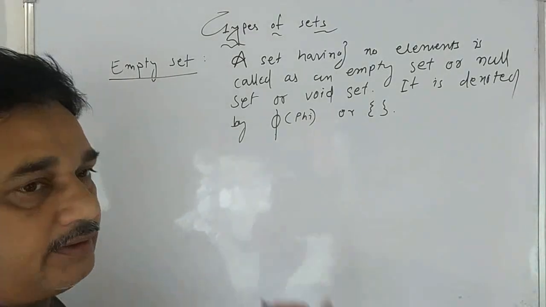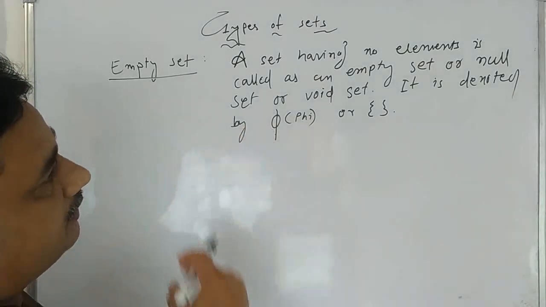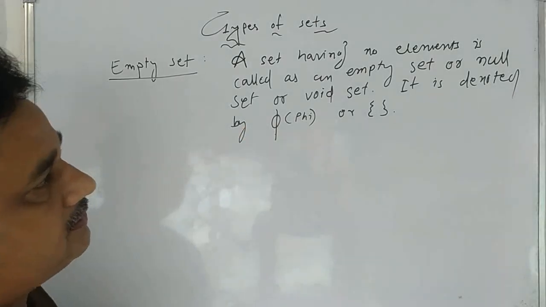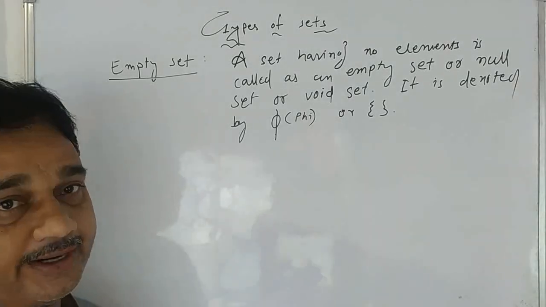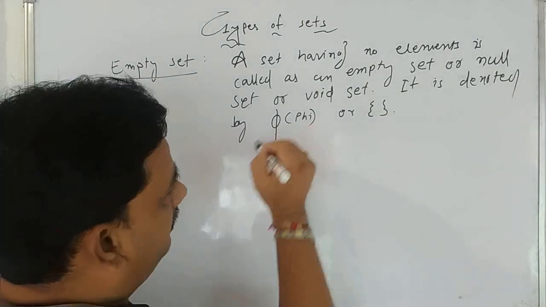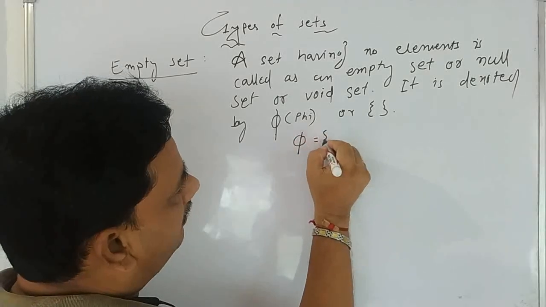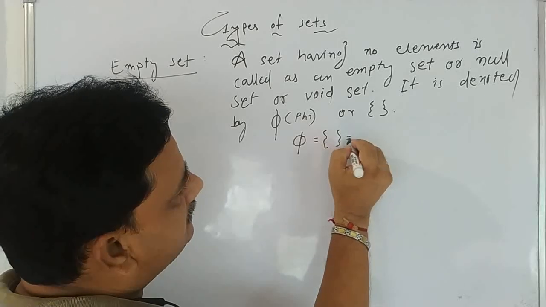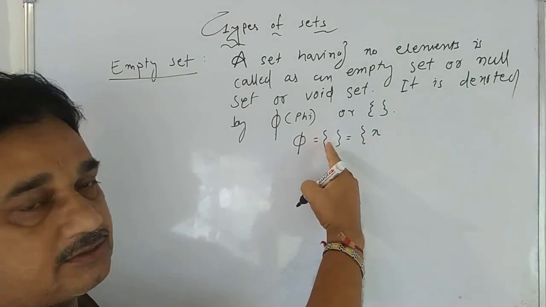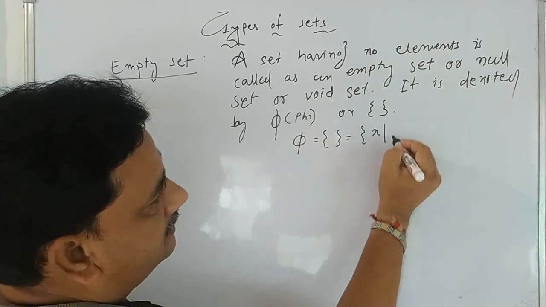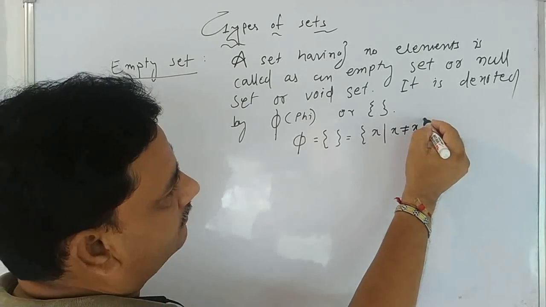in roster form. Now, any set can be defined in set builder form. For this, how to define? Phi is equal to, you will write x such that x not equal to x.